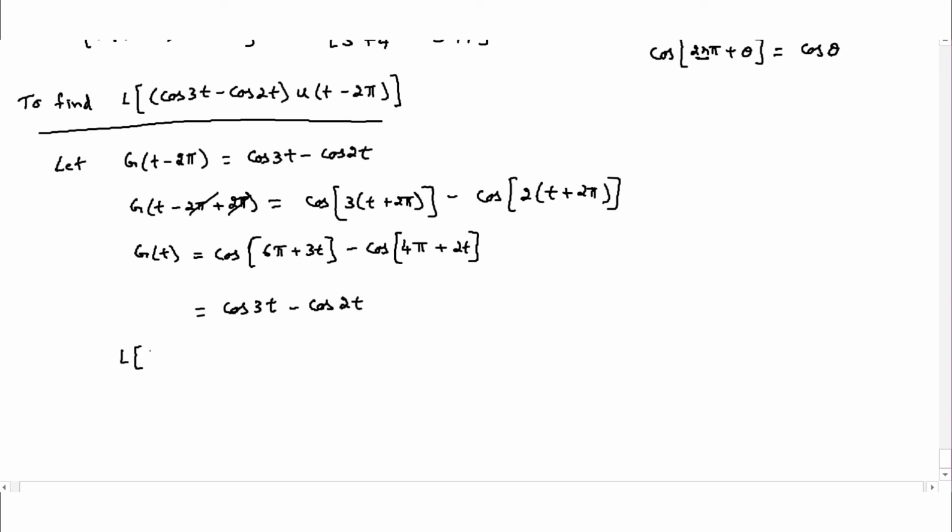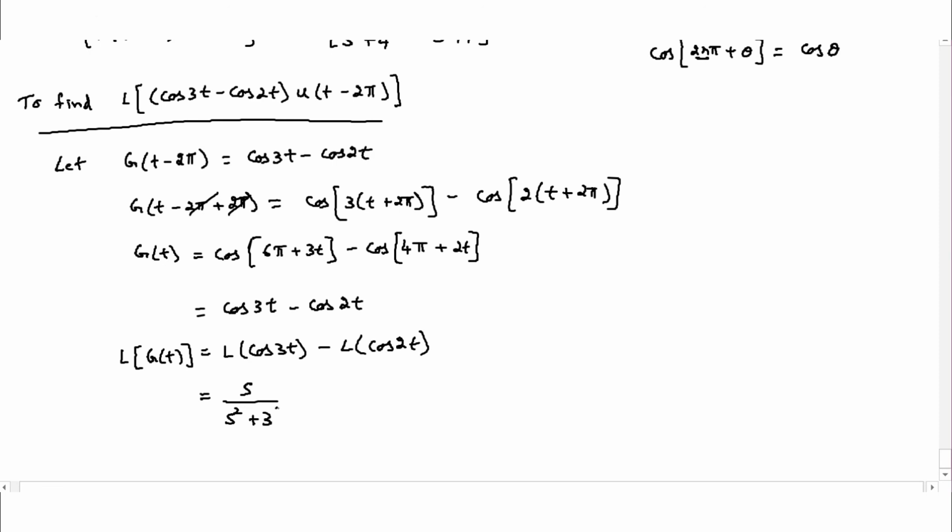So apply the Laplace transform. Laplace transform of g of t is equal to Laplace transform of cos 3t minus Laplace transform of cos 2t. So using the formula, Laplace transform of cos at is s by s square plus a square.